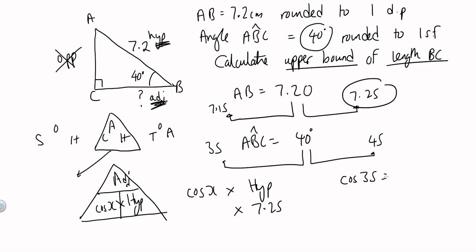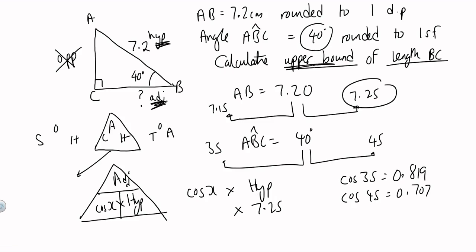Cos 35 is 0.819, and I'm going to try cos 45 now. I get 0.707. So actually the cos of the bigger angle gives me a smaller value, all right?